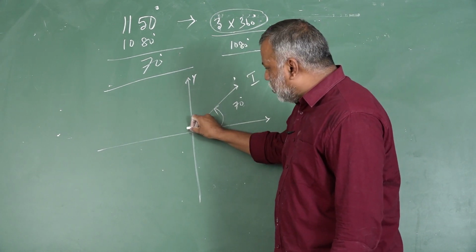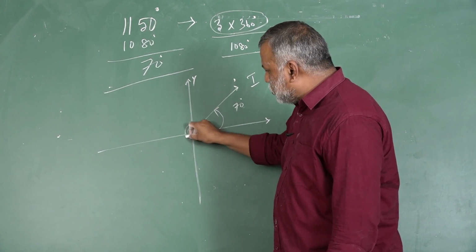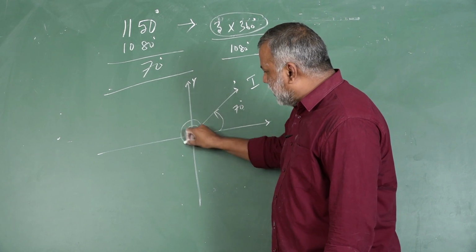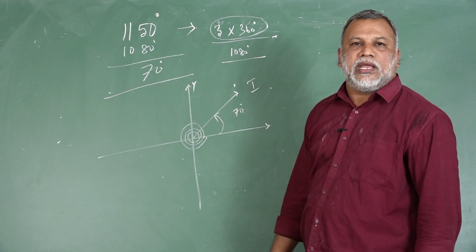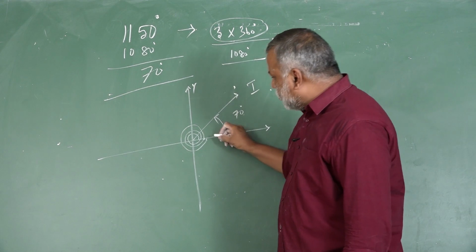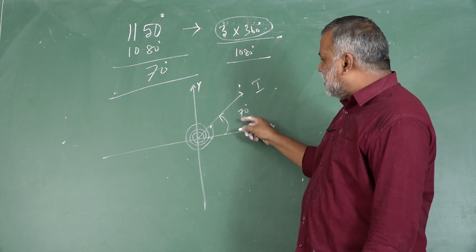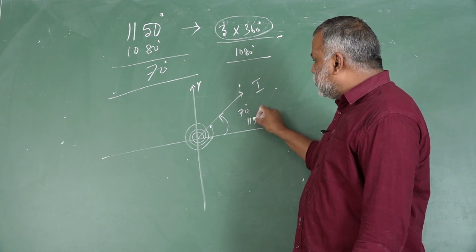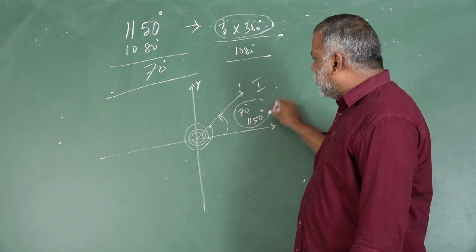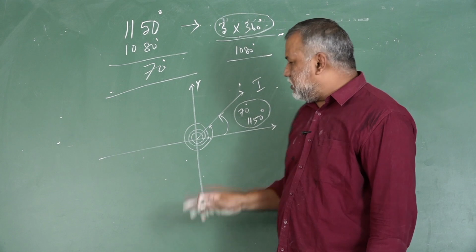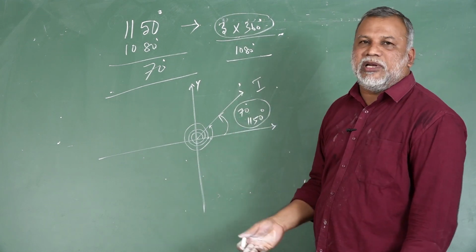For example, 1 rotation, 2 rotation, again 3 rotation. It completes 3 rotations, and the remaining degree is once again 70. Therefore 70 and 1150 degrees are coterminal angles. These 2 angles are said to be coterminal angles.